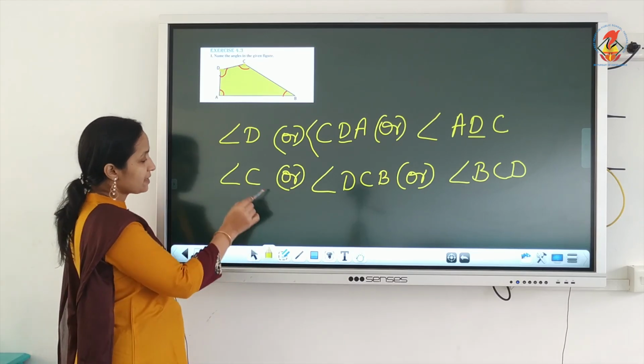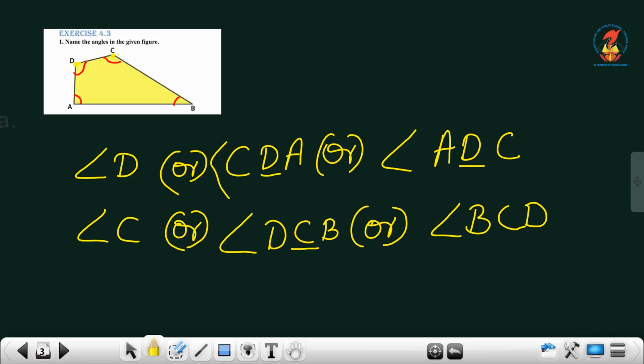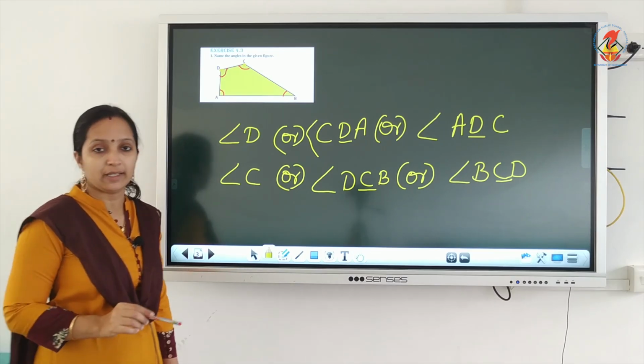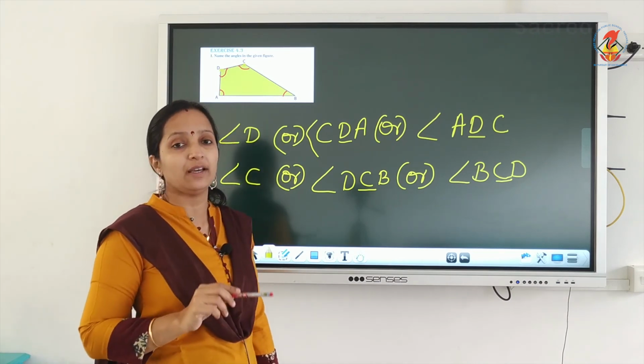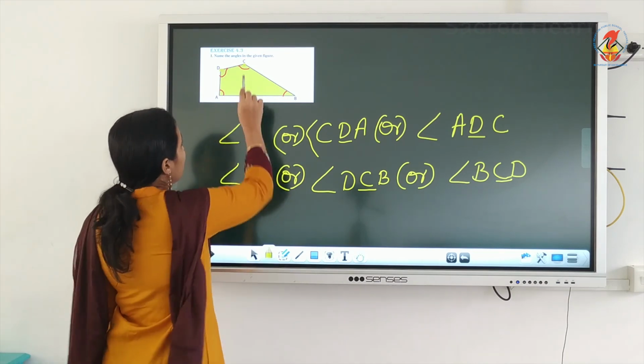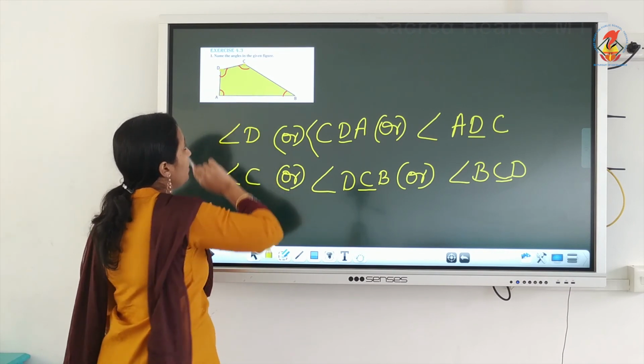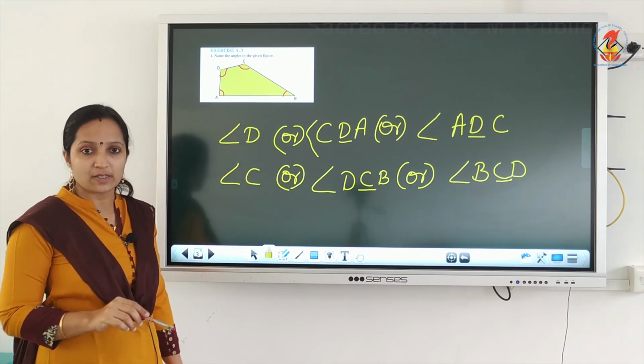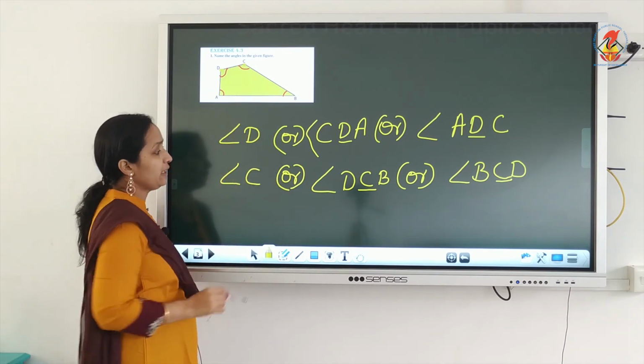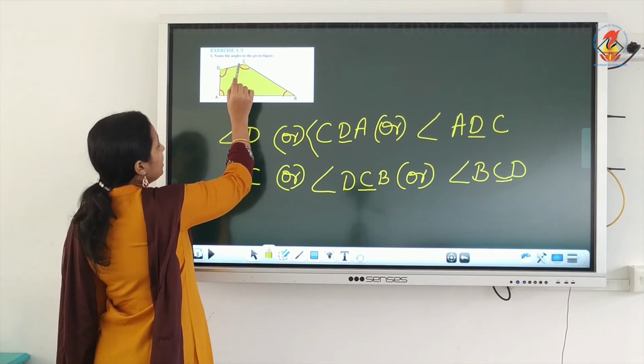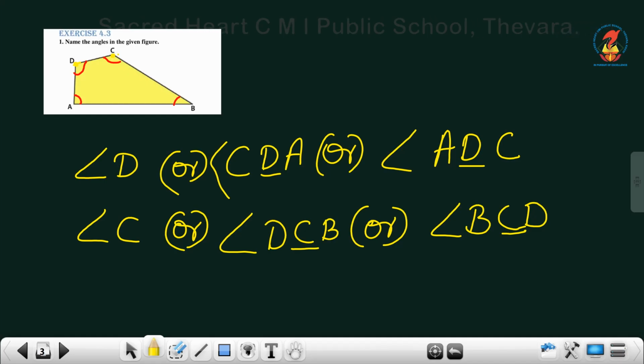Which angle are we representing here? Angle C. I told you, where the angle is standing, that letter should be in the middle. That means the vertex letter should be in the middle. This side and this side have the common point C, so that is the vertex of the angle, and that letter should be in the middle. So we name this angle as angle DCB, or angle BCD.